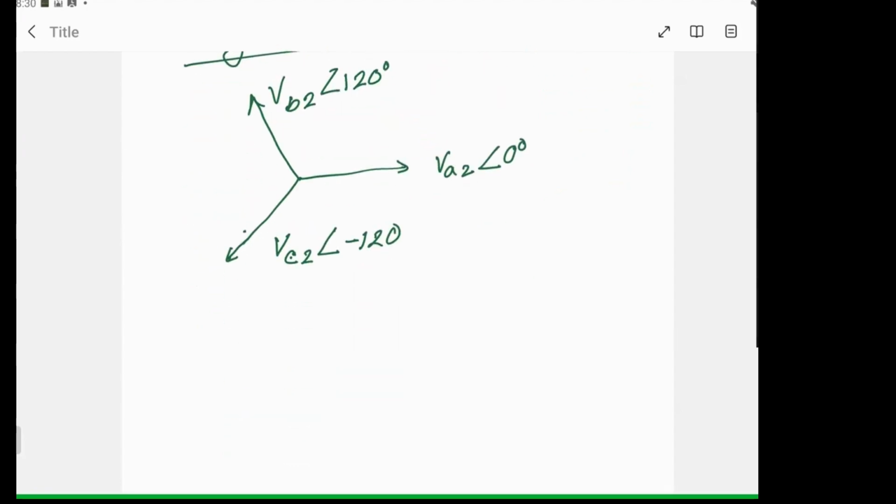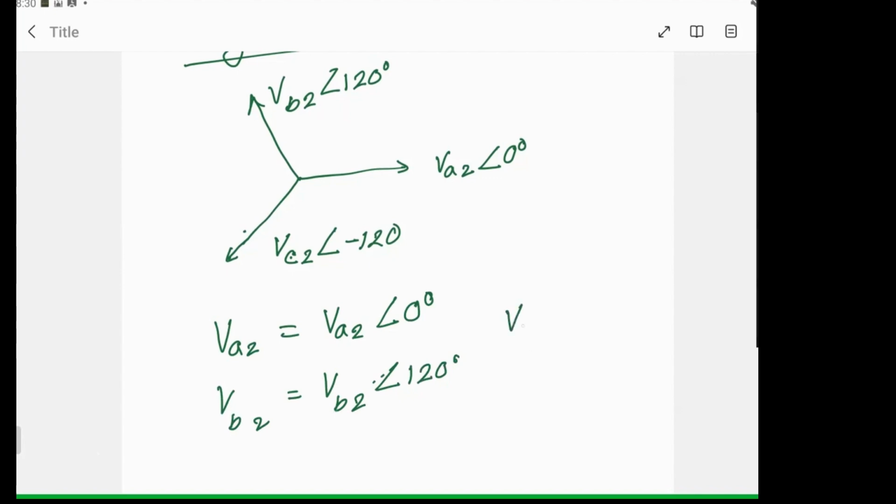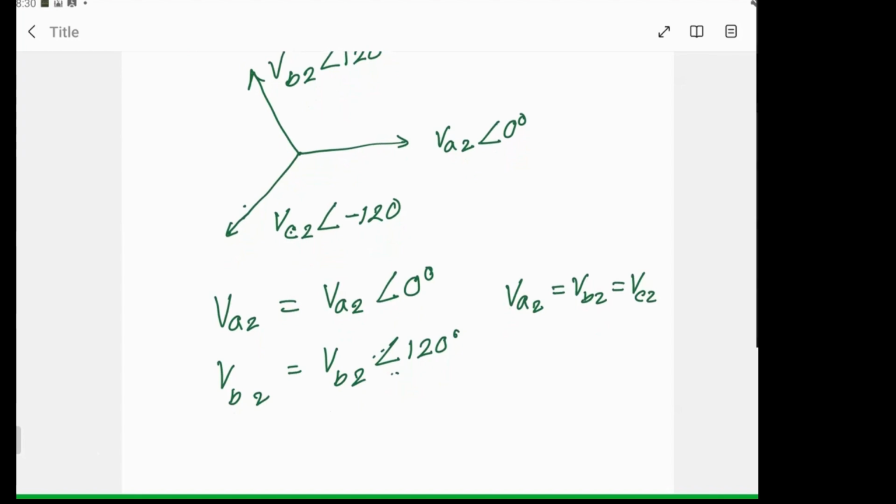So similarly, I can write down VA2 is equal to VA2, the magnitude, making an angle of 0 degree. VB2 is making an angle of 120 degree. First we can replace VA2 equal to VB2 equal to VC2 because it is balanced. Now this angle will be represented by alpha, that is 120. So this one would be alpha VB2.